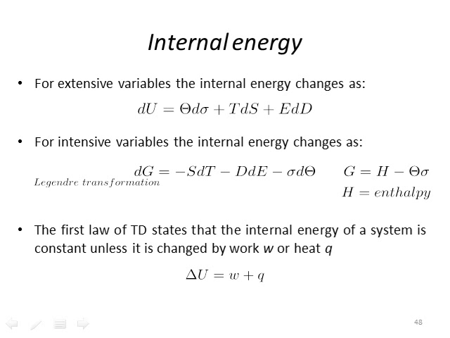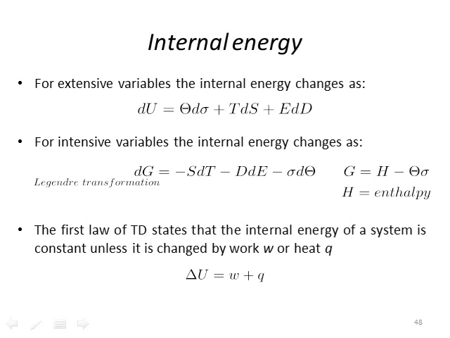For extensive variables, the internal energy changes like this, which is du is equal to theta times d sigma plus T dS plus E dD. Now for intensive variables, the internal energy changes as dG, which is the Gibbs free energy of the system.